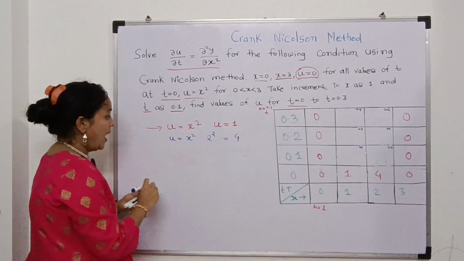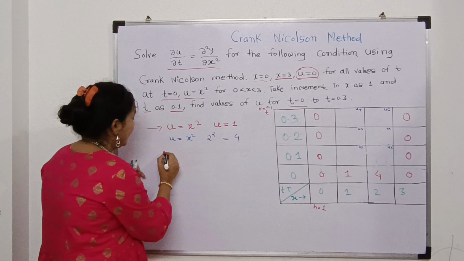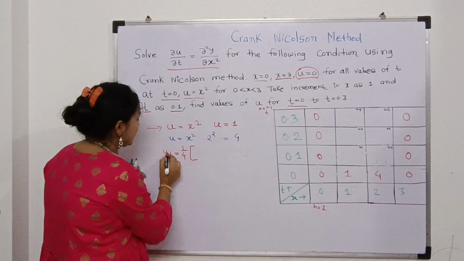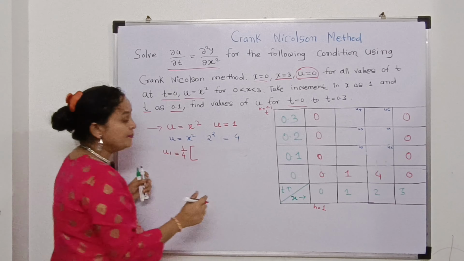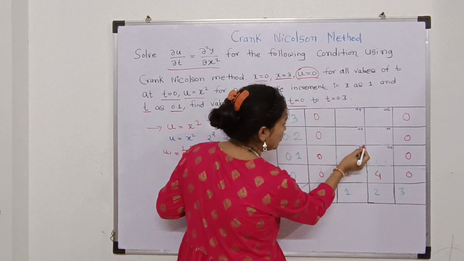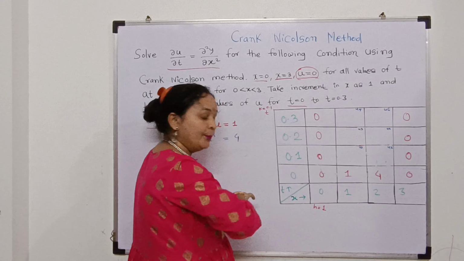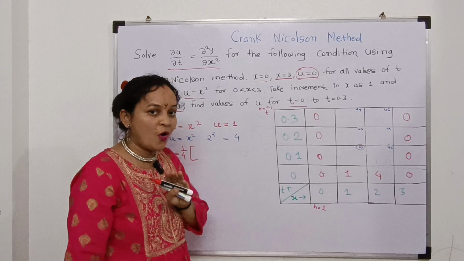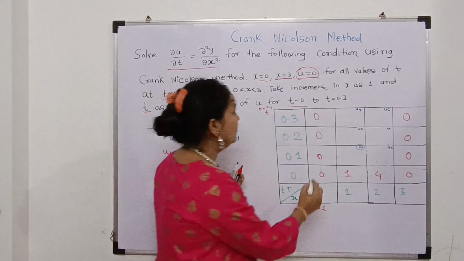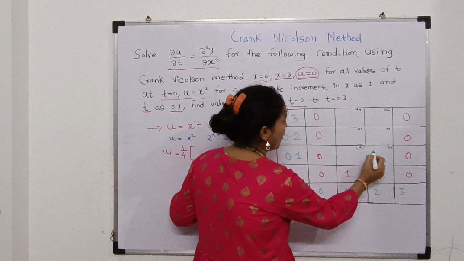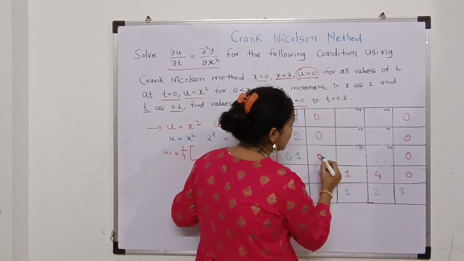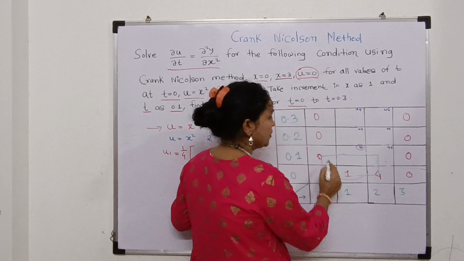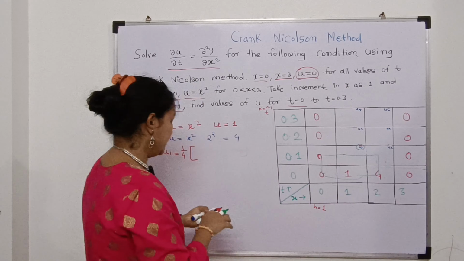Now, how can you calculate u1? u1 is equal to 1 by 4 of the average of all the neighbors. Consider u1 at the middle, and you consider all four corners, that is the square values used while calculating u1.